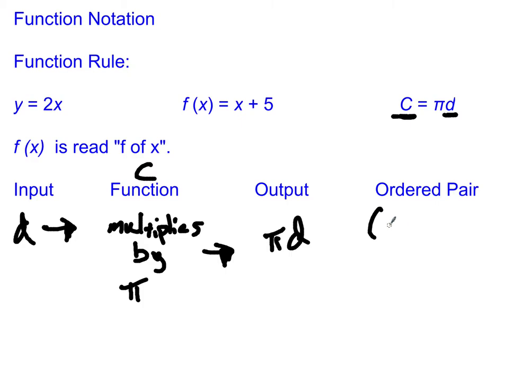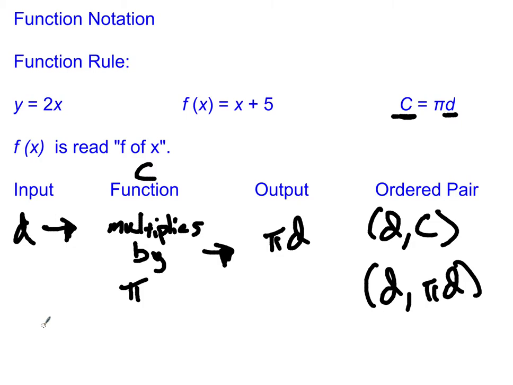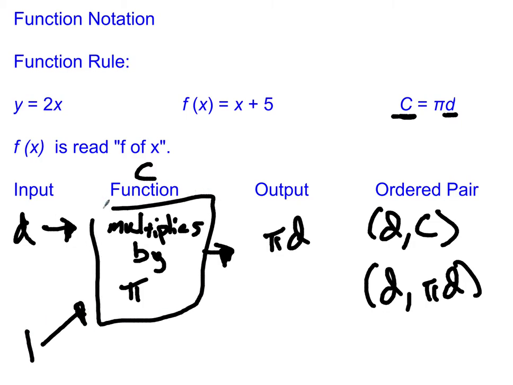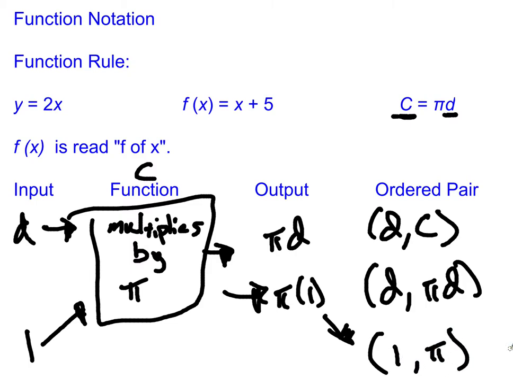So in this case, the ordered pair would be d, c, and c is pi times d, so I could have also written this like this, pi times d. So if d is 1, and it goes into this function here, it comes out as pi times 1, and our ordered pair is 1, pi. Alright, so you can do that with any functions.